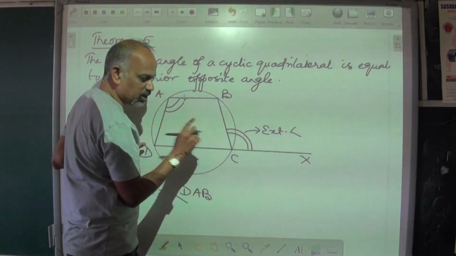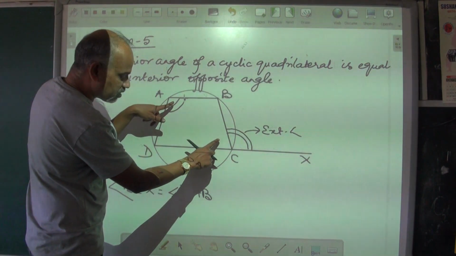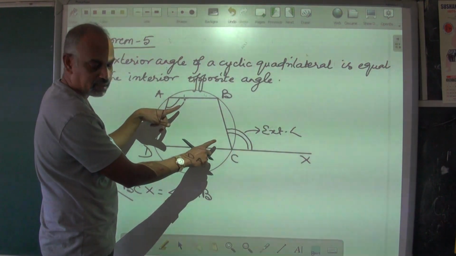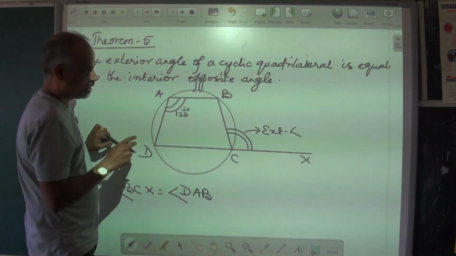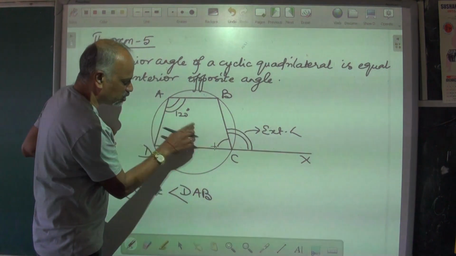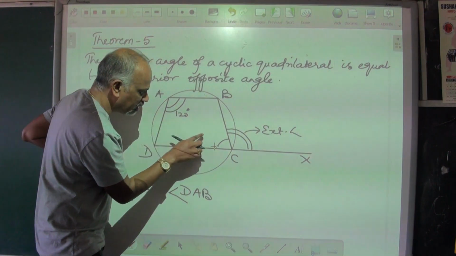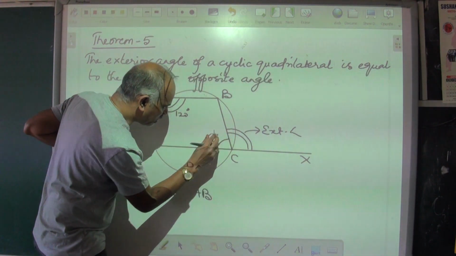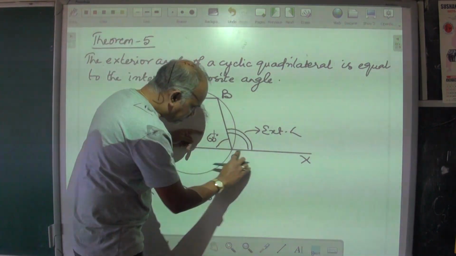Now, how is it equal? It is according to the previous property, opposite angles of a cyclic quadrilateral are supplementary. Let's take this one as 120. Opposite to A is C, this one. These two added together should give you 180. So 120 plus 60 will give you 180. You get that this is 60. This is a straight line.